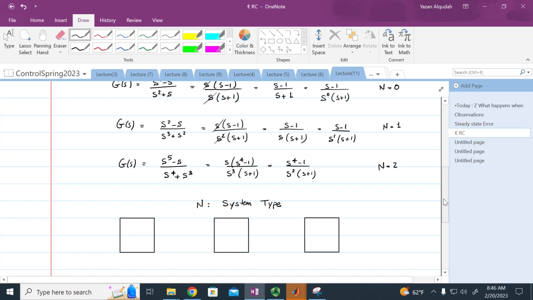Is that clear? So 1 over s represents an integrator. 1 over s squared represents 2 integrators. 1 over s cubed, or 1 over s to the n, represents n integrators.